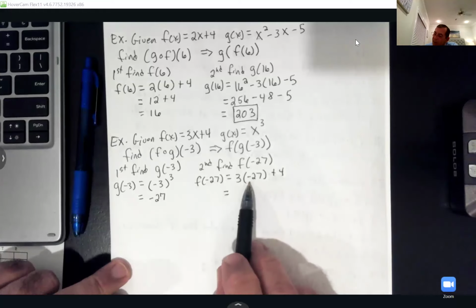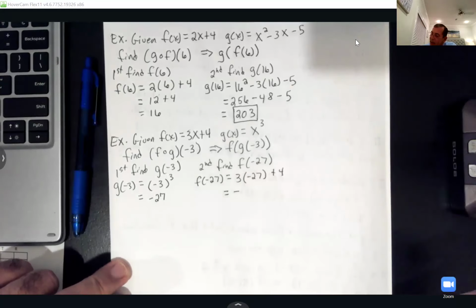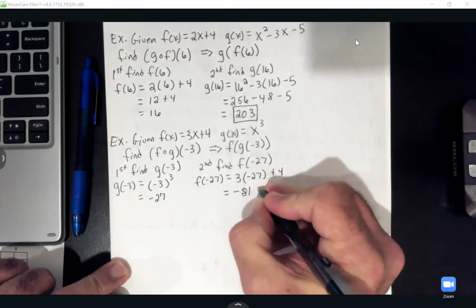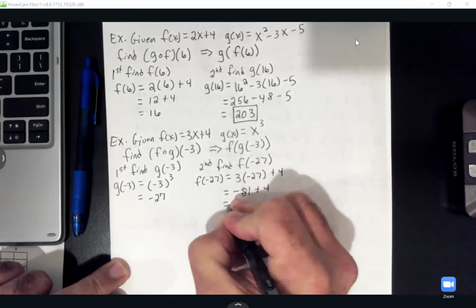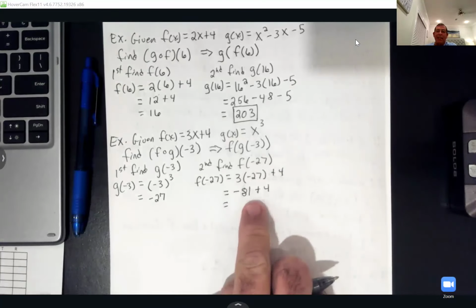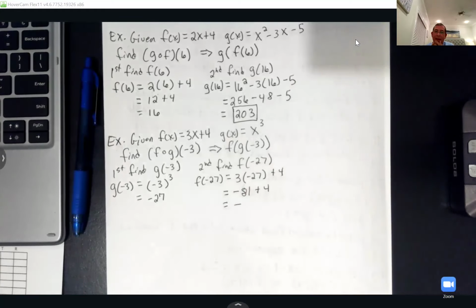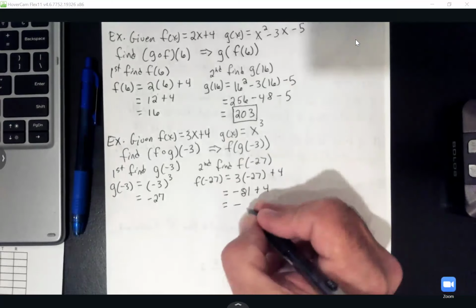Ooh, okay, y'all. They're giving me some numbers today. Let's see. That's -81, I think. Yep. And then add 4 to that. So remember, we got unlike signs again, but the larger number is negative, so I know that'll be a negative. And then what's that?